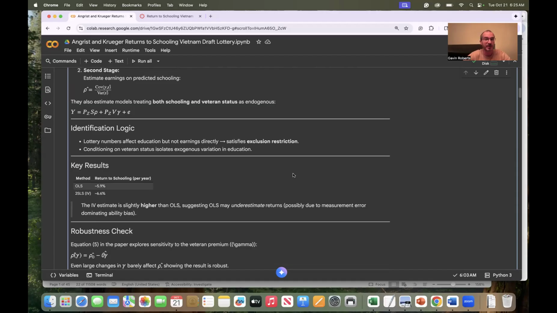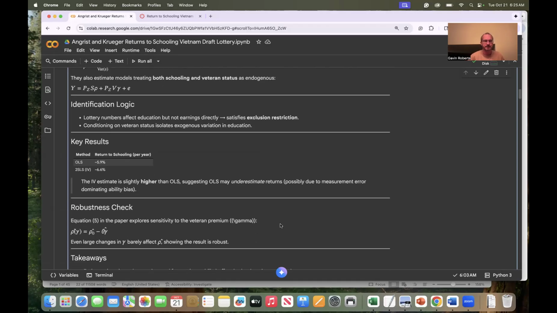Because the draft lottery numbers are based on birth dates, and so you don't necessarily know everything about the people with those birth dates by just using the draft lottery numbers. We're making some assumptions about the people who received that draft lottery number.